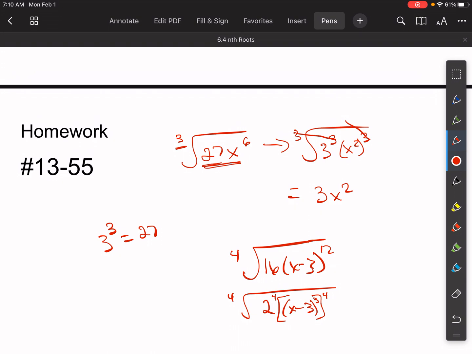Okay, so when I take the fourth root of this, these powers of 4 go away, and I'm just left with 2 times (x minus 3) to the third power. Remember to use absolute values when you go from even to odd.